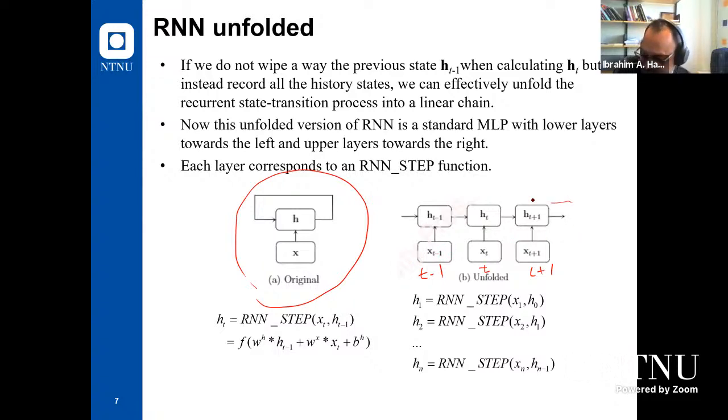You can say this one now looks like a feed-forward neural network, where this is the bottom layer and this is the upper layer. So we unfold it in terms of time steps, not in terms of layers as in MLP and CNN.